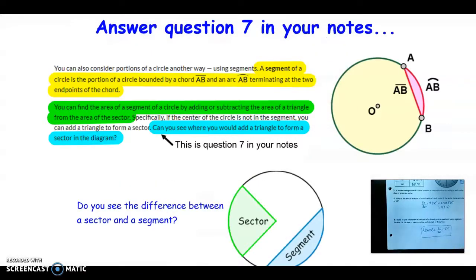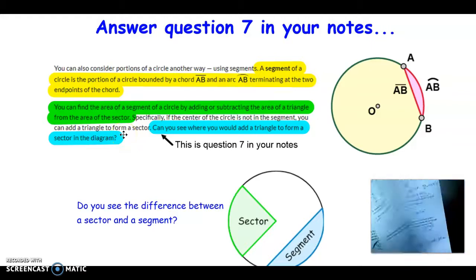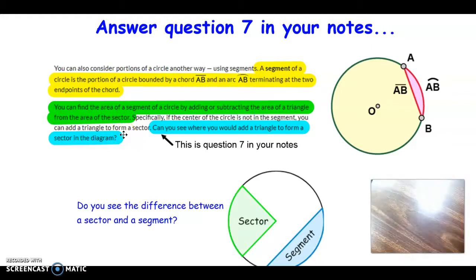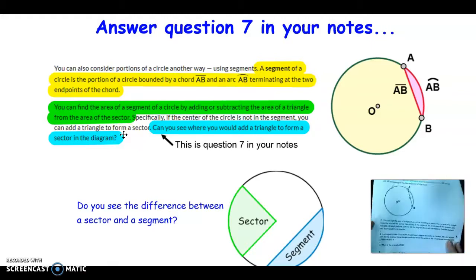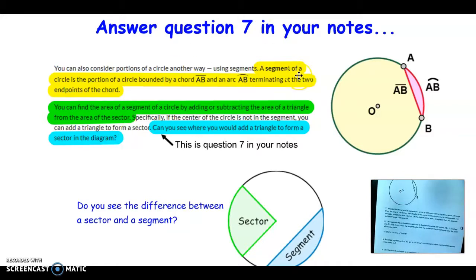Now, a segment of a circle is not just like a regular segment. So we're not just talking about the length of a part of a line between two given points. So in a circle, a segment, and this I believe is number 6 on your notes, already there for you, is the portion of a circle that's bounded by a chord and the arc that that chord creates.